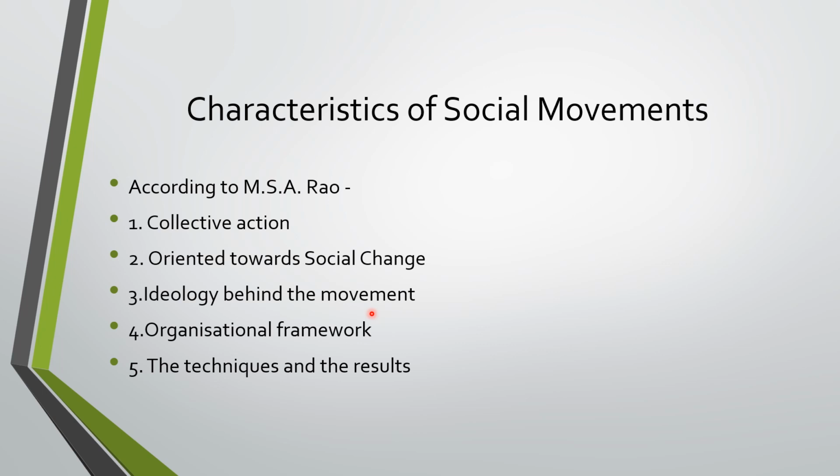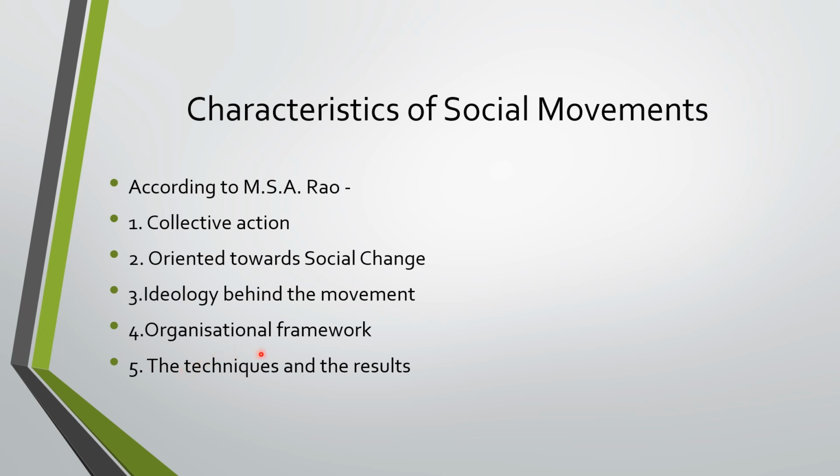Say a student strike involves collective mobilization and is oriented towards change, but in the absence of an ideology, a student strike becomes an isolated event and not a movement. On the contrary, if the strike is committed to an ideology, it may last for a longer period and assume the form of a movement.